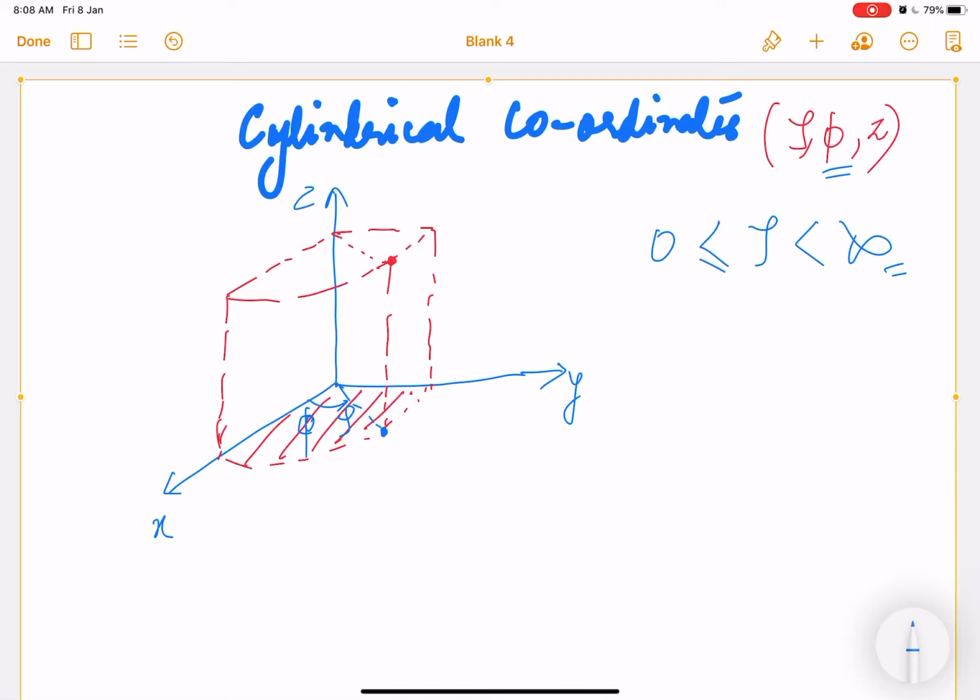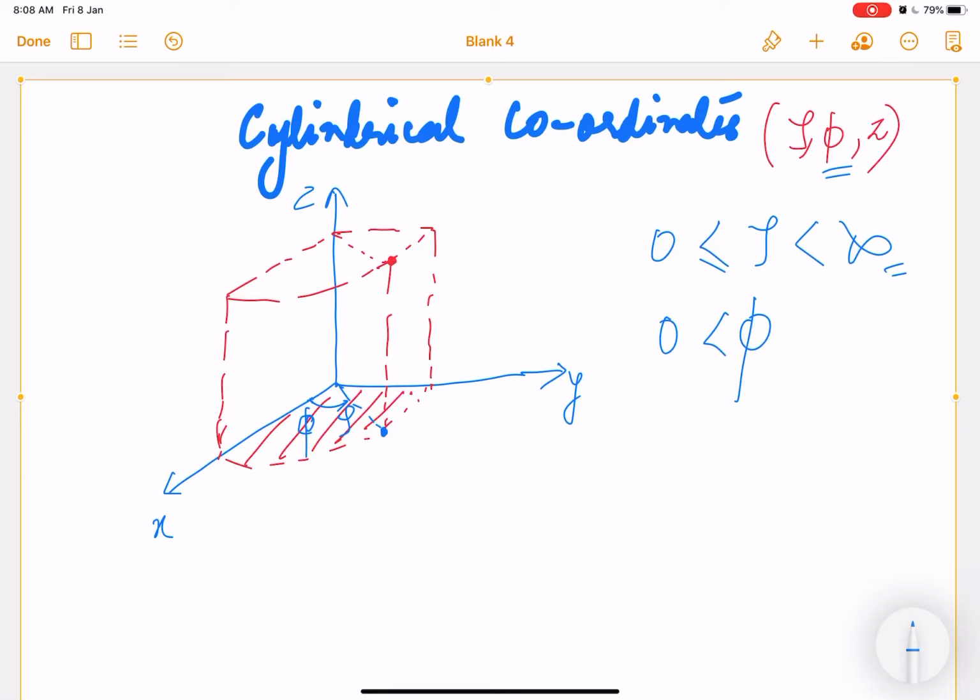Since you are holding the cylinder in your hands, you know that this phi will start from here and move through one complete rotation. So if I have to define the limits of phi, it will vary from 0, that is over here.